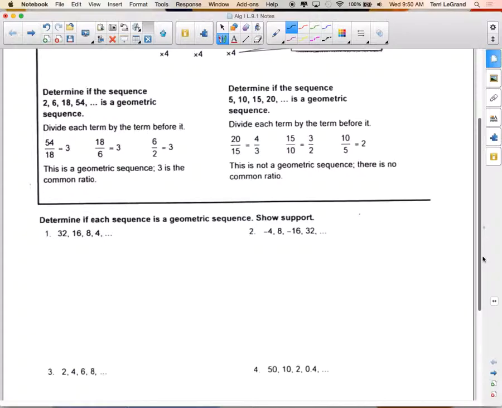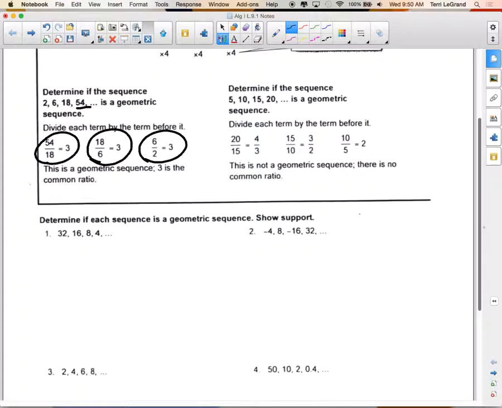So starting here at the end, 54 divided by the previous term, 18, gave them 3. Now take the 18 and divide it by its previous term, and it is 3. Now take the 6 and divide it by its previous term, 2, and that is 3. Do we have anything to divide 2 by? No, because 2 is the first.